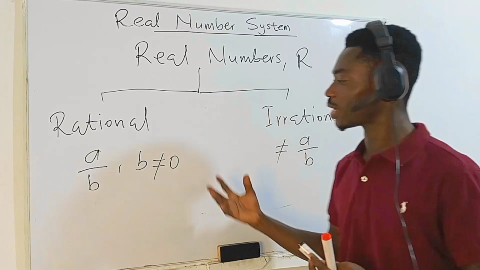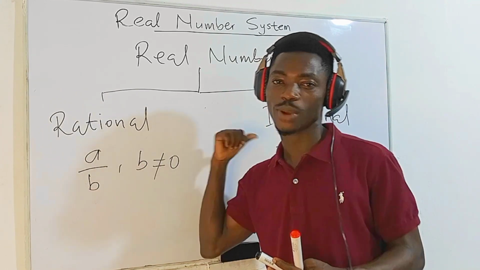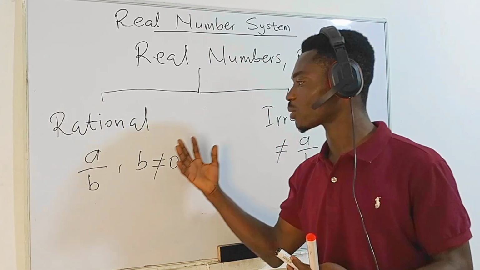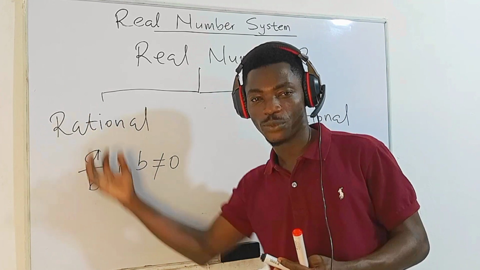Now, before we come to examples of rational or irrational numbers, let's consider some types of numbers that are found under rational numbers.